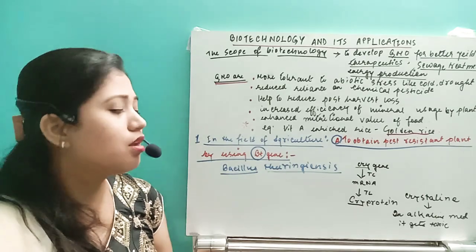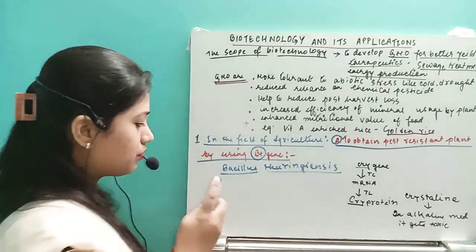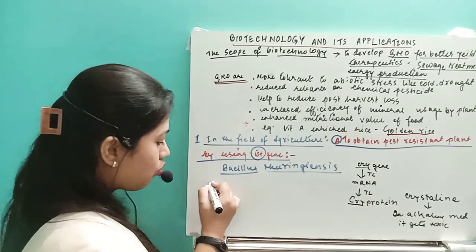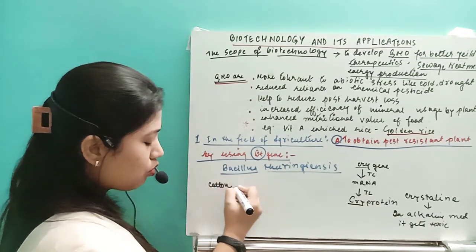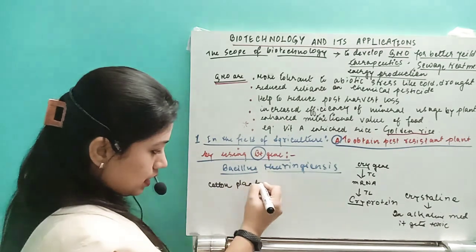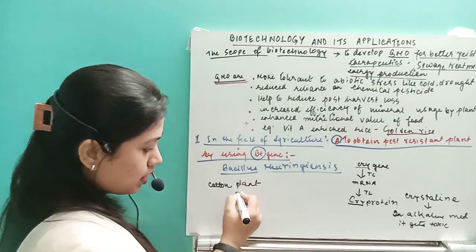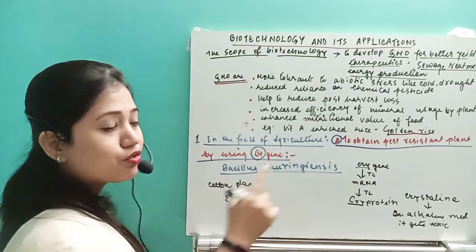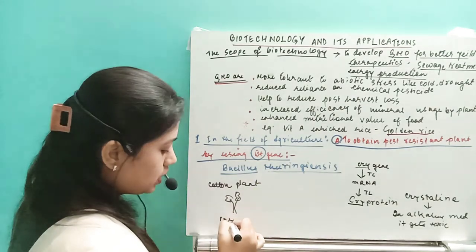From that, one plant we have taken, that is the cotton. Okay, so this is the plant. In the cotton plant, the scientists have introduced that cry gene.